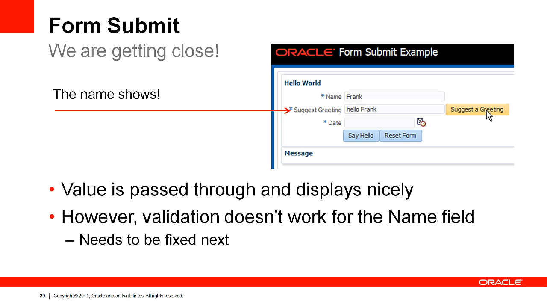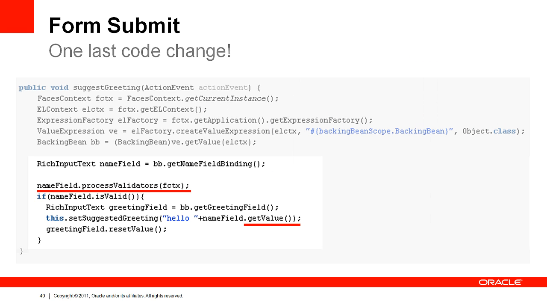Good news here is it's a little fix. It's not really a big matter to close that little gap of functionality. And what we learn here is that though the immediate equals true bypasses validation, for a specific field we can queue the process of validation back in. So the same code that we had on the previous slide up to the point where we have a backing bean reference is displayed here on this screen.